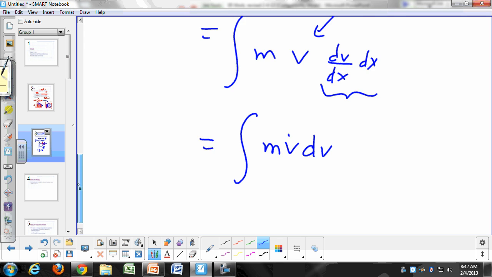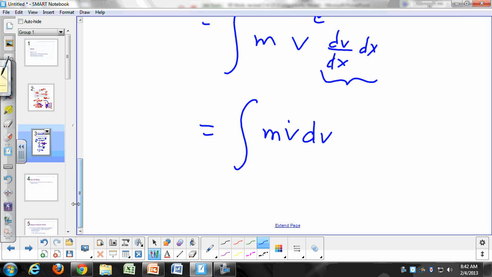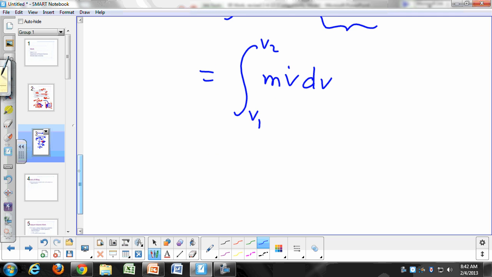And we've effectively changed our integration variable from x to v. So instead of integrating from x1 to x2, we're now going to be integrating from v1 to v2. And as you can see, what's the integral of mv dv? m is a constant, that's the mass. So v squared over 2, integrated from v1 to v2.